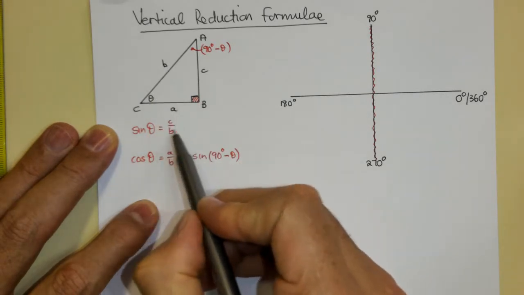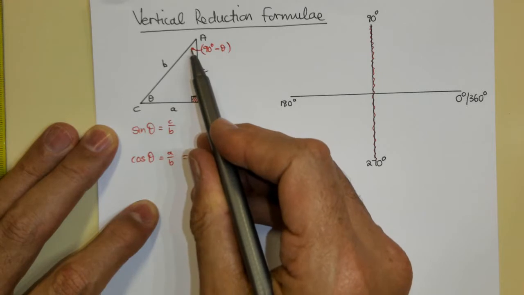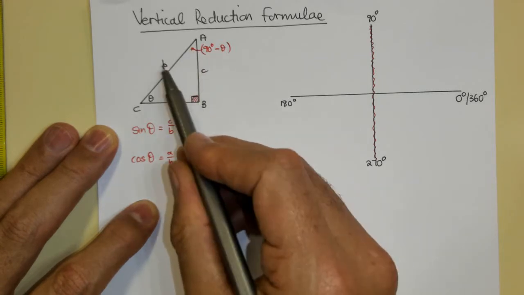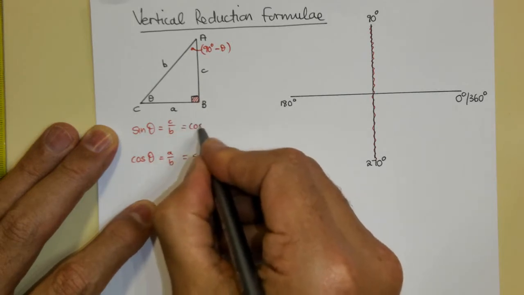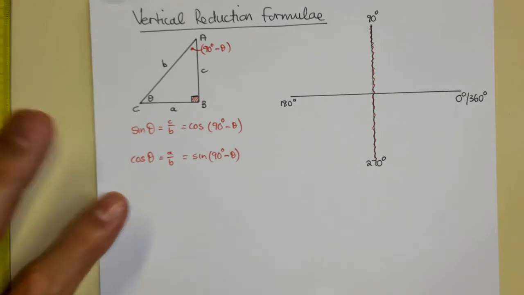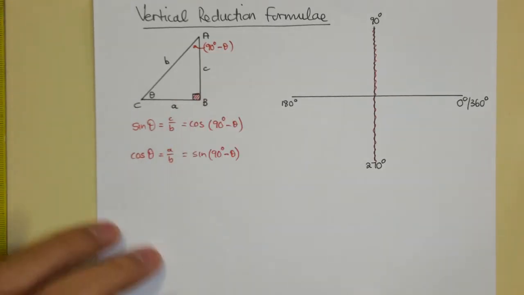And the same here with c over b. c lies adjacent to that top angle. And then if I say adjacent over hypotenuse, it will be the cosine of that angle, 90 minus theta. That comes from our right-angled triangle.